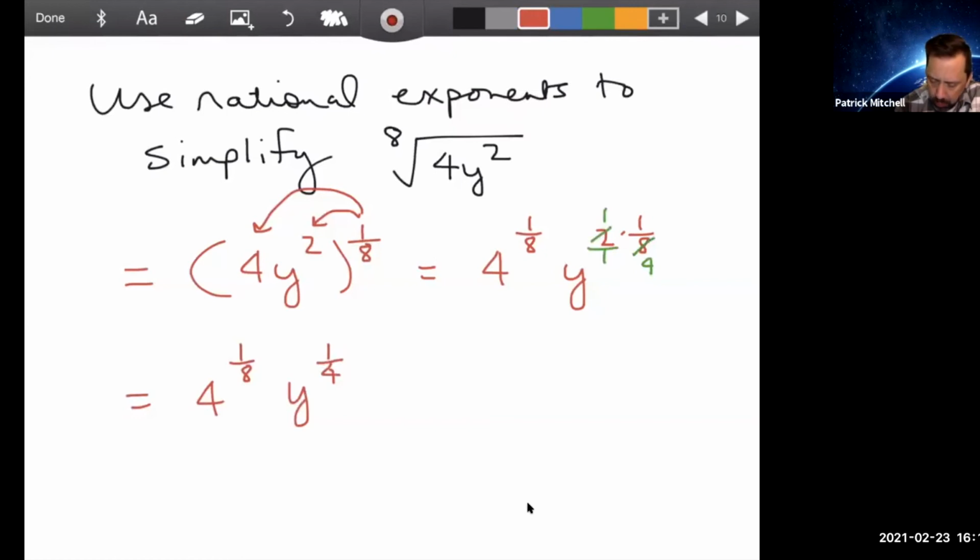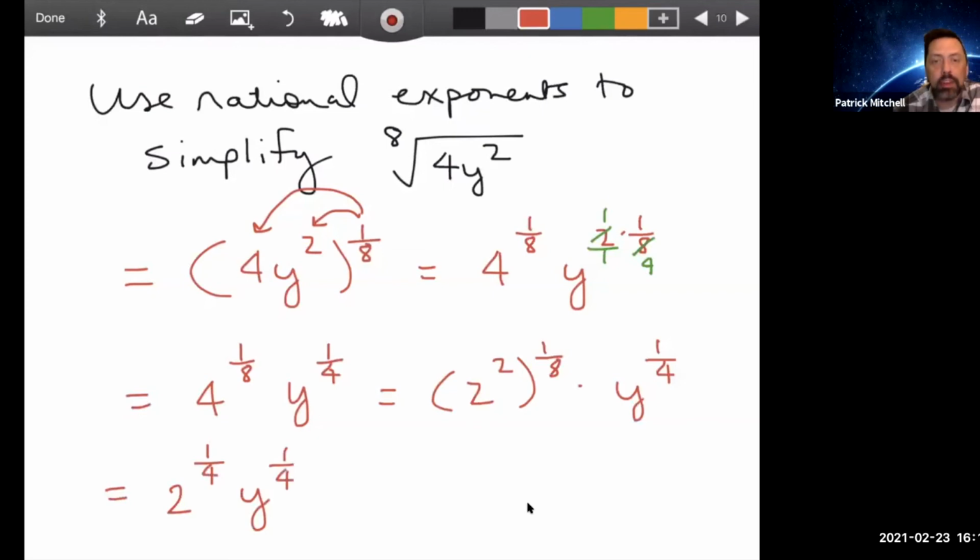Well, what if we rewrite the 4 as 2 squared? Then we can do the same thing that we did with the y, right? This will be 2 to the power 2 times 1/8, which gives me 2 to the 1/4.